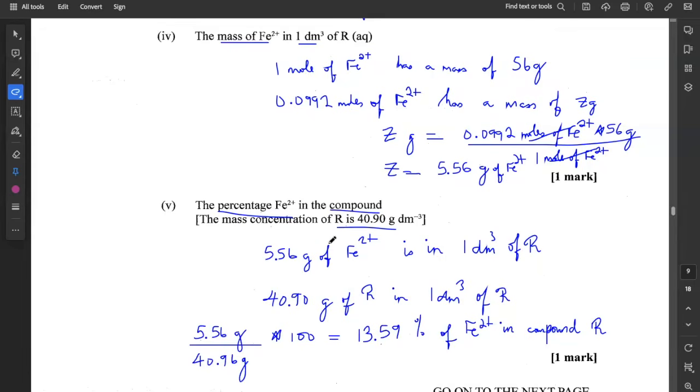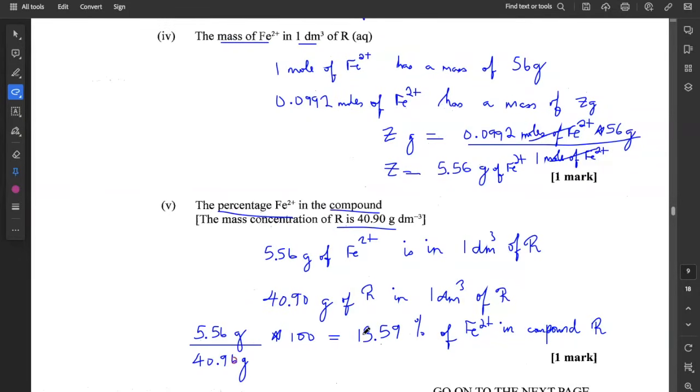And so we can say then that if 5.56 grams of Fe2+ is in 1 dm³ of R, and 40.90 gram of R is in that same 1 dm³, then the percentage of Fe2+ in that compound will be 5.56 grams over the 40.90 grams, right?